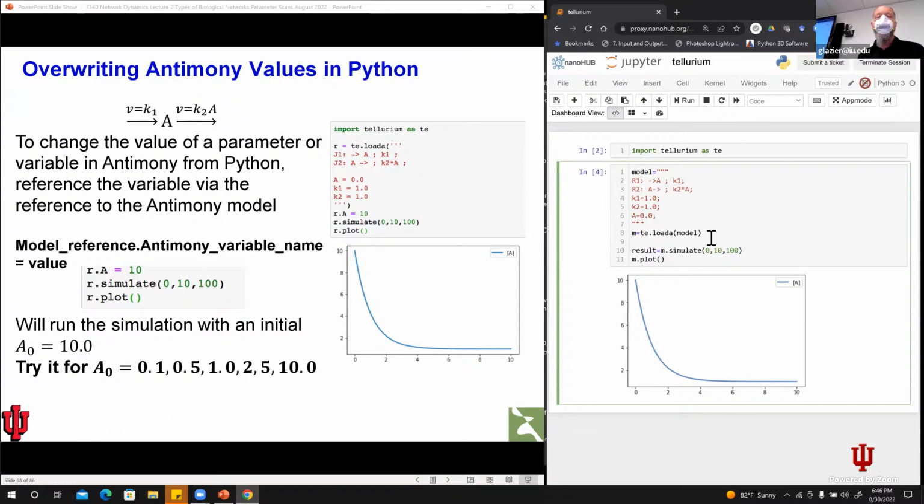I can do that on an input side or on an output side. And so if I typed originally A was 0, and now I want to try A equals 10, I can type load my model here in line 8. And now I type M.A = 10.0. And that will replace my initial value of 0 with a value of 10. Liana.